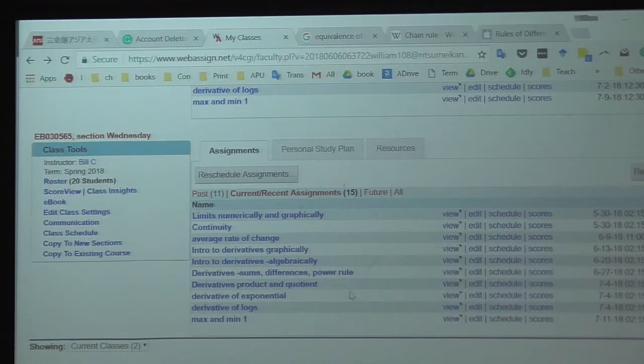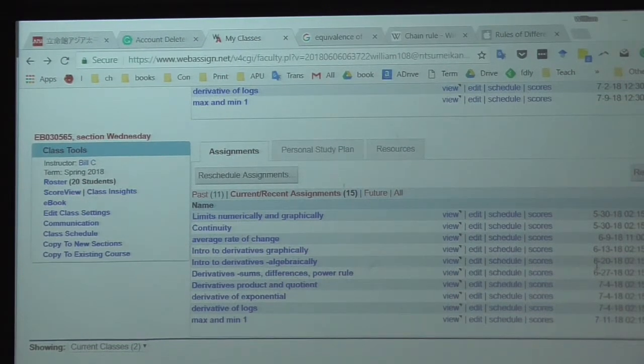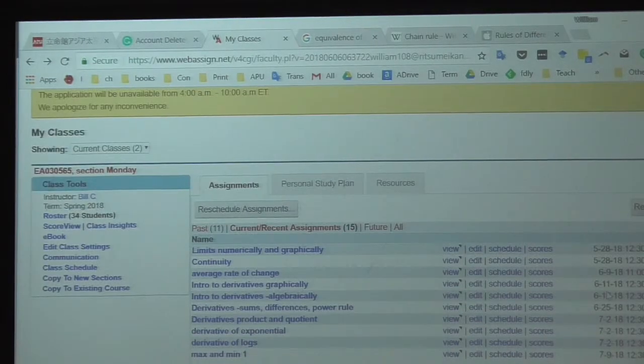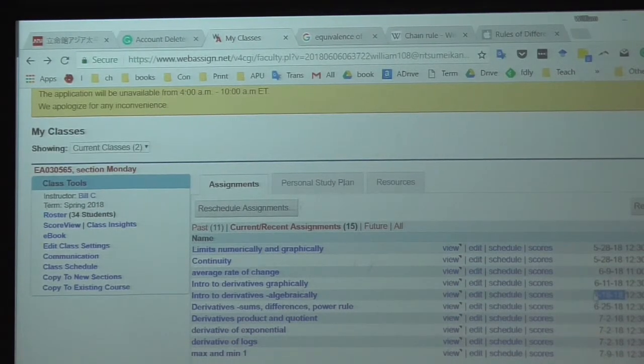Okay, so, yes? No, as I said, it's only up to this one here, 620. Actually, I think I made a mistake at the beginning of class. I was looking at the wrong one. I was looking at this one, which is my other class.